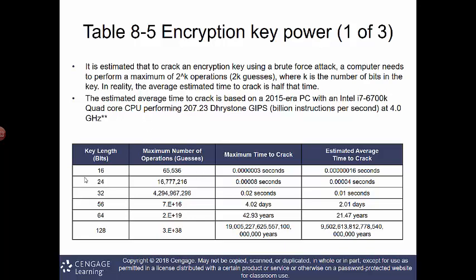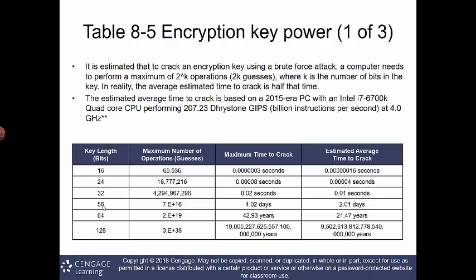In the leftmost column, you see the length of the key in bits. And on the right, the estimated average time to crack that. So if we have a key that's 16 bits in length, it takes a fraction of a second. Same thing with 24 and 32-bit keys.